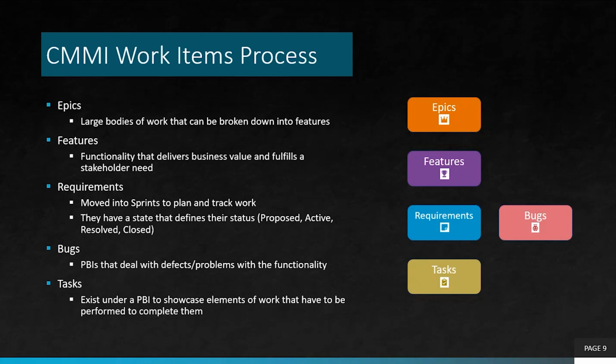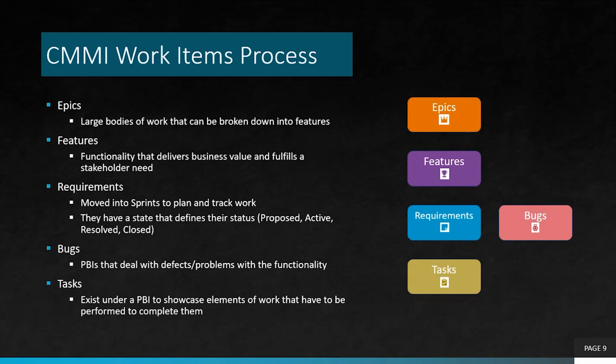You have the epic, which is a large body of work that can be broken down into features, which specifically talks about the functionality that is going to be delivered. And then that feature is going to be broken down into requirements. And those requirements are what you move into the sprint to plan and to track the work. And their status is different from the Agile in that it can be proposed or active or resolved or closed.